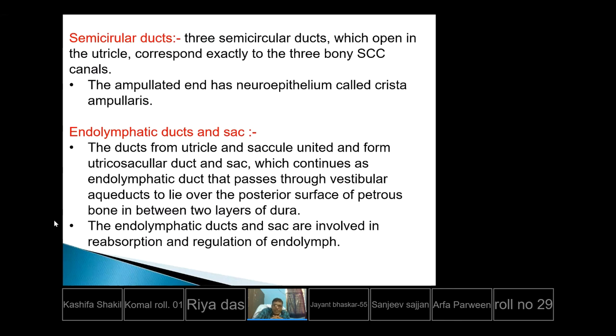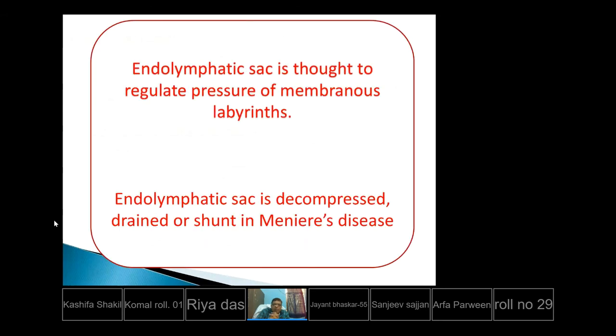The endolymphatic duct and sac are involved in the resorption and regulation of the endolymph. The endolymphatic sac is thought to regulate pressure of the membranous labyrinth and is decompressed, drained, or shunted in Meniere's disease. We'll see Meniere's disease later on.